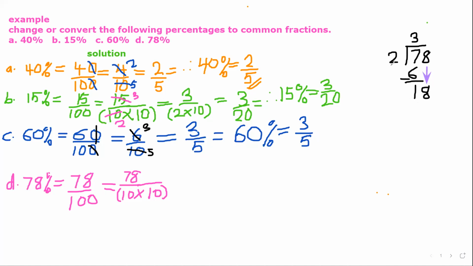Okay, now 2 sharing 18, that is 9 times, or 2 times any number closer or equal to 18. 2 times 9. So that is 9.